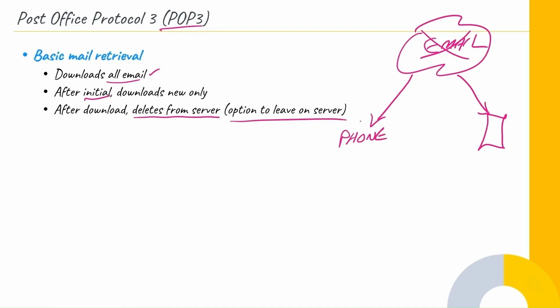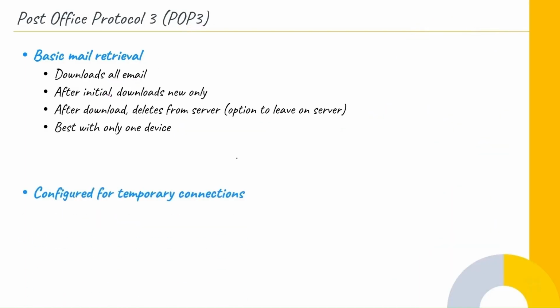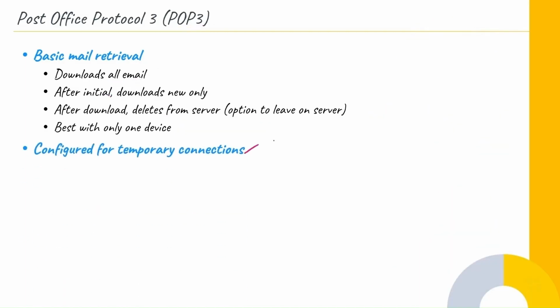There is an option to leave the messages on the server, but a lot of times people will forget that and really get confused about the differences between what they would see on one computer or smart device and another. So POP3 really works best if you're only going to use email on a single device, and nowadays that's nobody. And again, it was mostly designed for temporary connections.